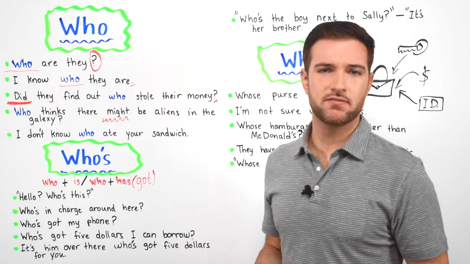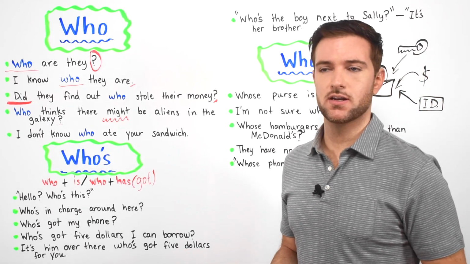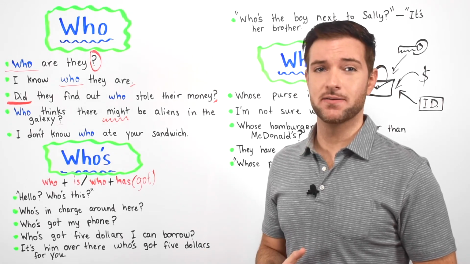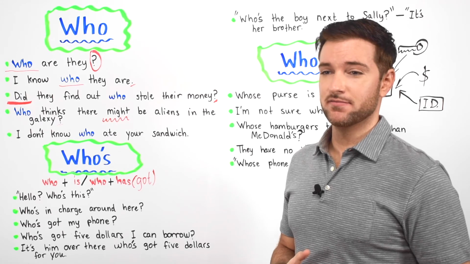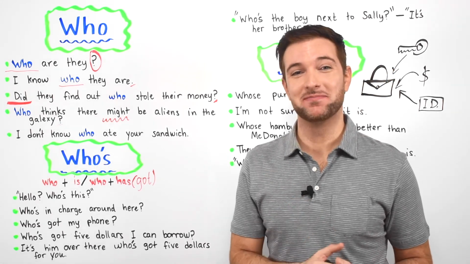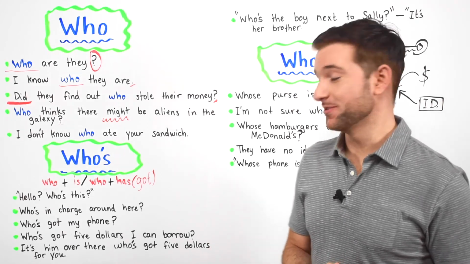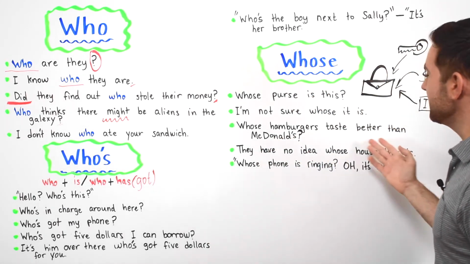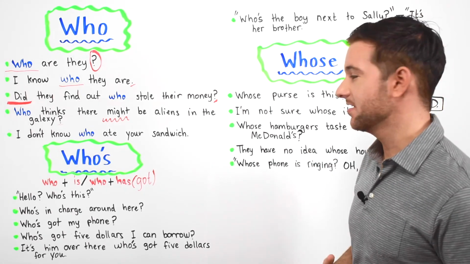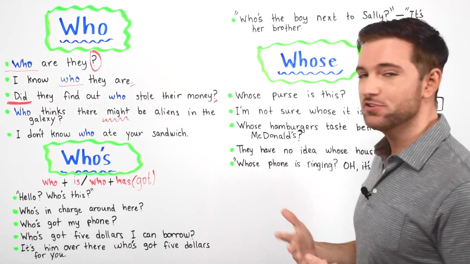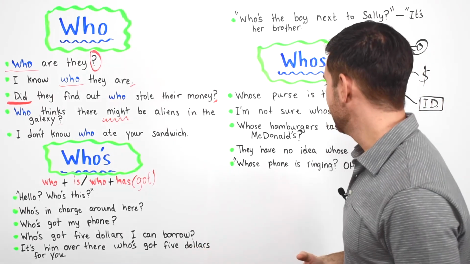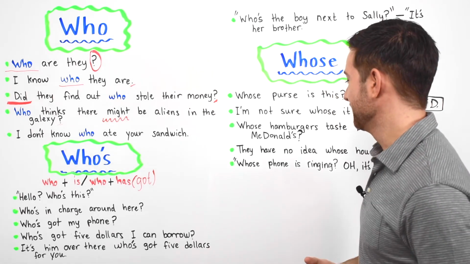I'm thinking of all the popular restaurants in the United States, but there's others, such as in Canada, they have Tim Hortons. I'm not sure if they serve hamburgers at Tim Hortons yet, but I'm sure they have really good breakfast food, okay? So whose hamburgers taste better than McDonald's? Oh, you could say Burger King's hamburgers taste better than McDonald's. You just name whatever restaurant you like, and you think their hamburgers taste better, okay?